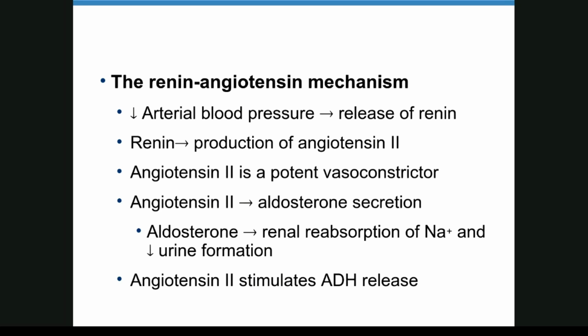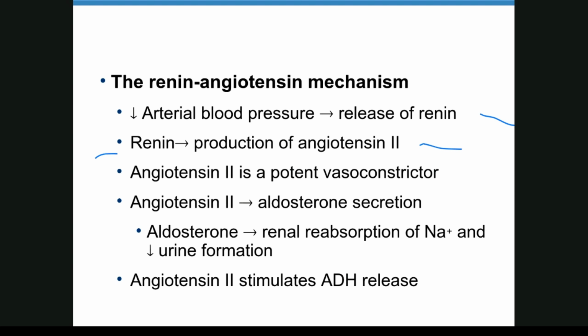If the kidney senses that the blood pressure is too low, it will release renin. Renin causes angiotensin I, which is just in your bloodstream, to be converted into angiotensin II using angiotensin converting enzyme.